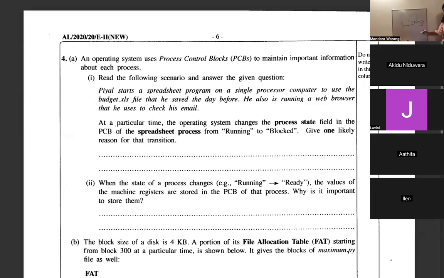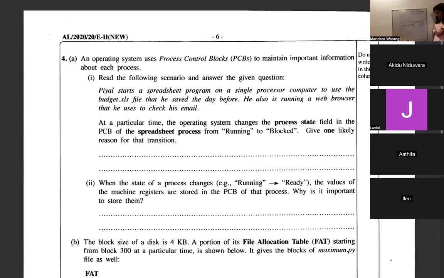In this context it has changed from running to the block state. How can it go from running to block?